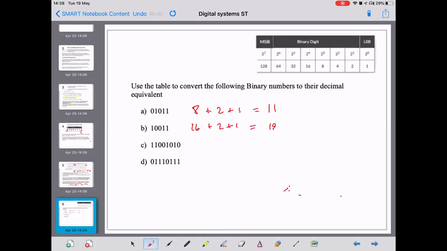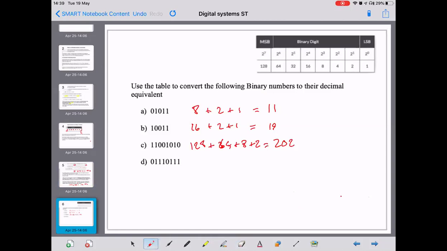What about C? Was it 202? It is 202, Nathan. Made up of 128 plus 64 plus 8 plus 2.